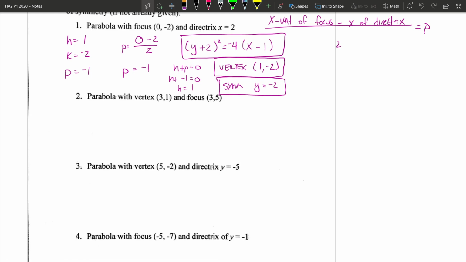All right. So I'm going to do a couple more examples because I'm that kind of guy. Let's look at the next one. We've got a vertex of 3, 1 and a focus of 3, 5. So let's start with what we know. Vertex of 3, 1. If we're given the vertex, we have to know h and k, right?